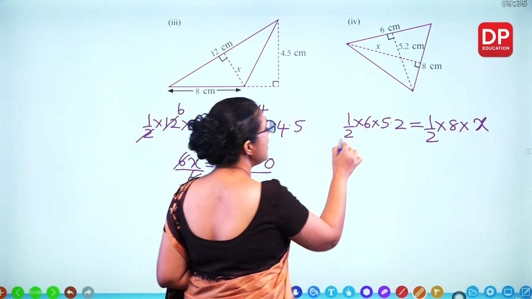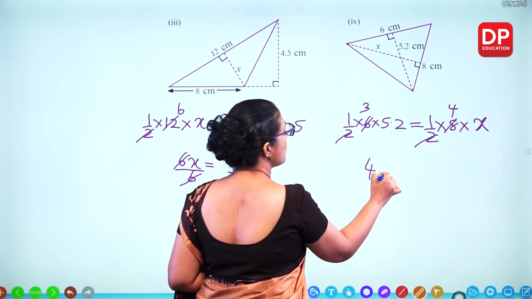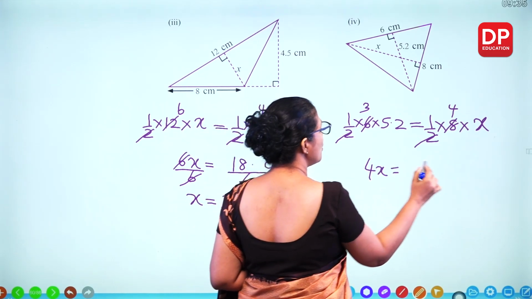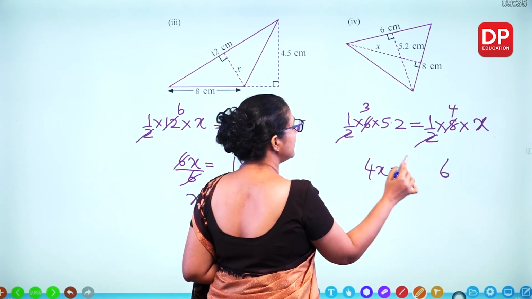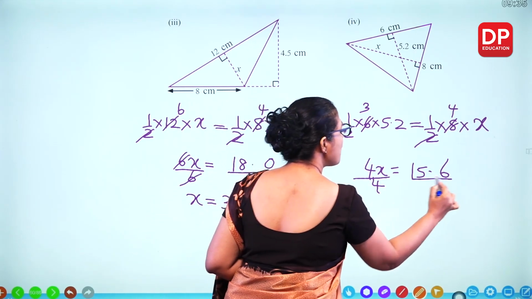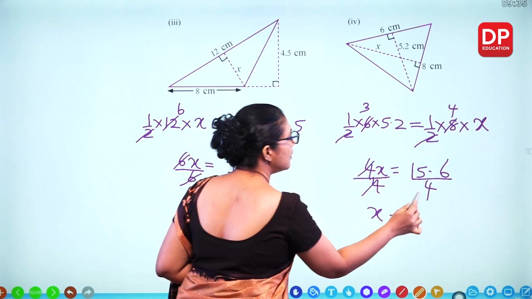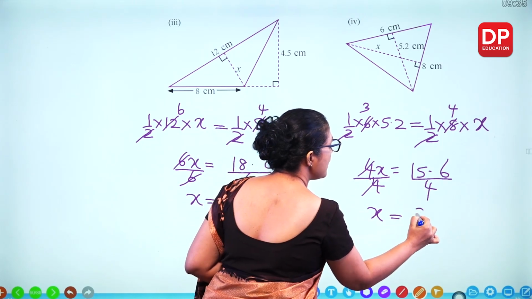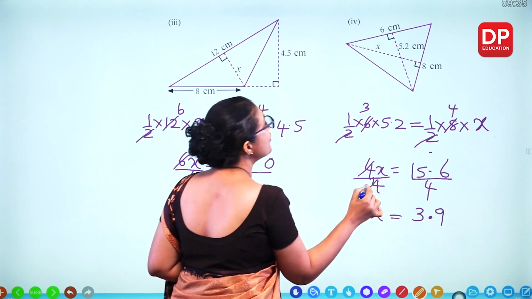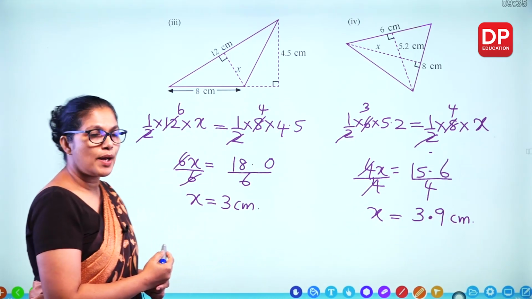Now simplify. 2 times 3, 2 times 4. 4x equals 3 times 5.2. You get 6 and 15. So 15.6. Divide this by 4. You can find x. 4 times 3, 12. For 36, that's 9. So 3.9 centimeters is the x value.